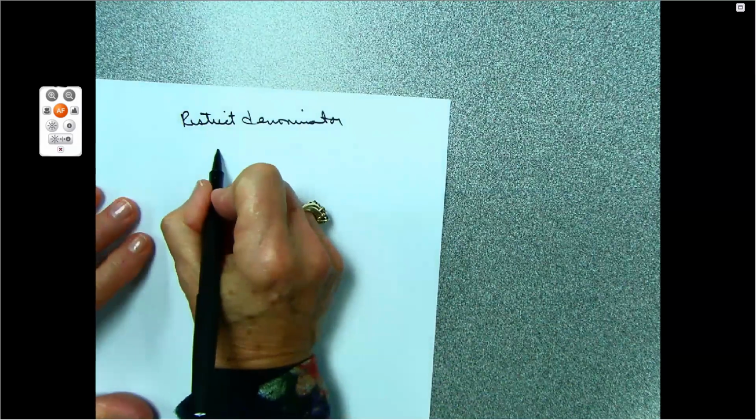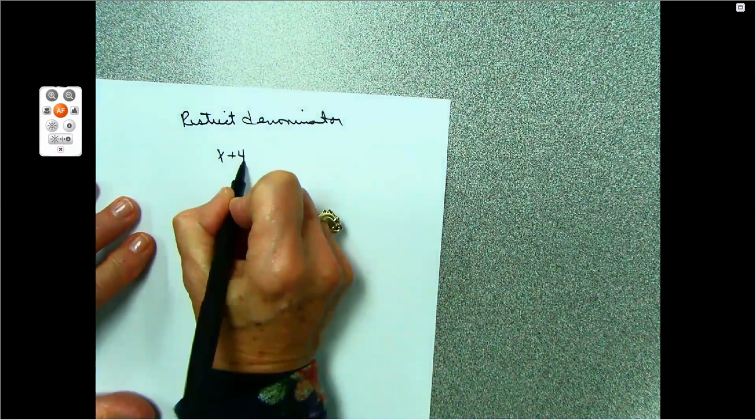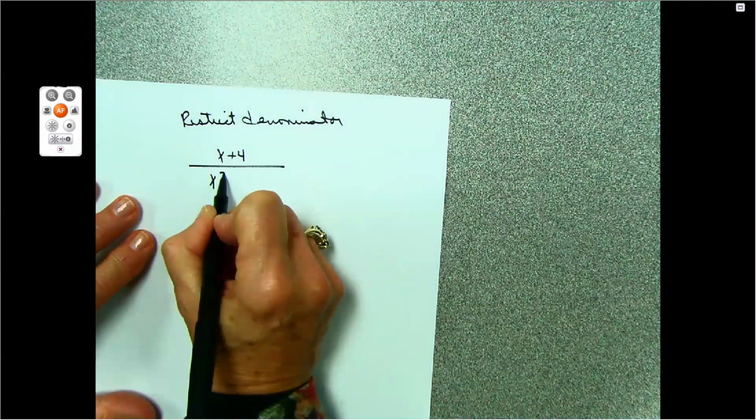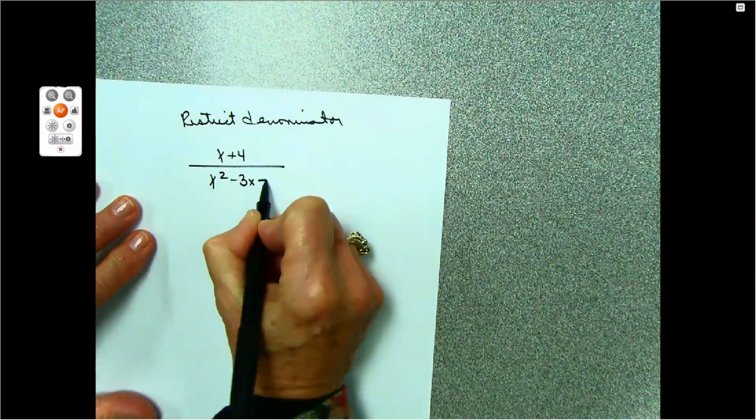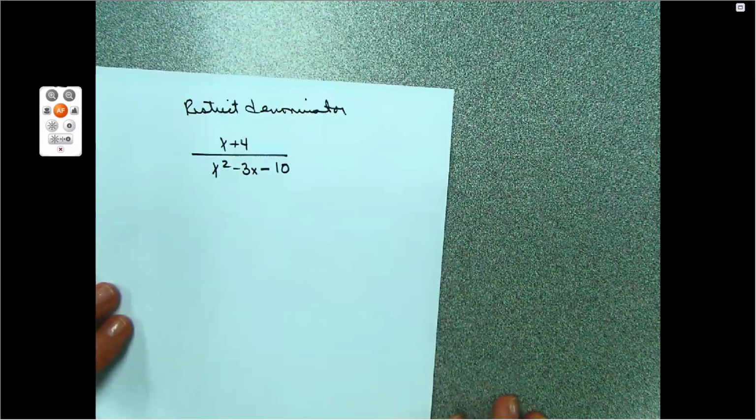Okay, we're given (x + 4) divided by (x squared minus 3x minus 10). Now, we know with our rational expressions that the denominator cannot take on a value of 0.